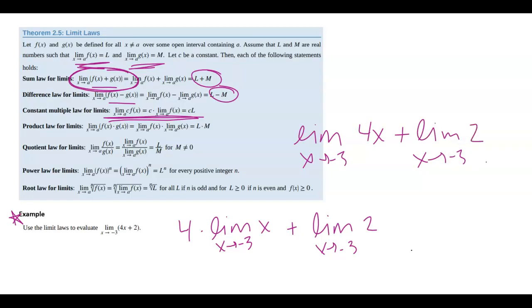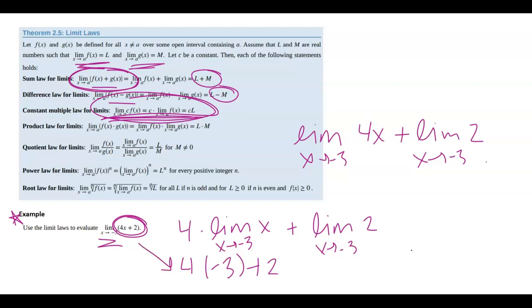I used that one first and split that up. And then I said, oh, okay, I can use this rule here in order to take that 4 outside and then multiply to the limit. I'm using the basic properties we just did. This is going to be 4 times negative 3 plus 2. But this is also the concept of direct substitution. If I have a line 4x plus 2 as my function, then I can just plug in negative 3, and notice that's what we're doing here.